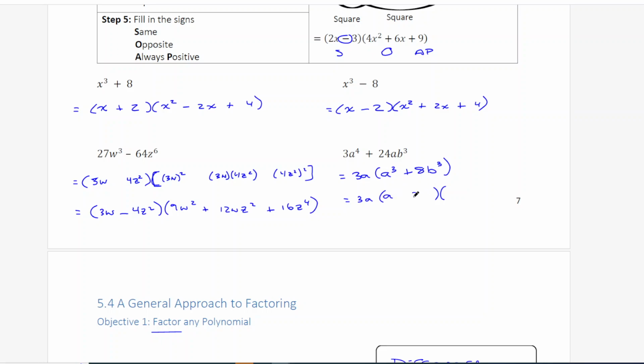Cubed root of 8 is 2. Cubed root of b cubed is b. Then I'm going to square. Then I'm going to multiply. And then I'm going to square. So 2 squared is 4, b squared is b squared. This one I didn't feel like I needed that step. Then I'm going to do the same sign, the opposite sign, and always positive.